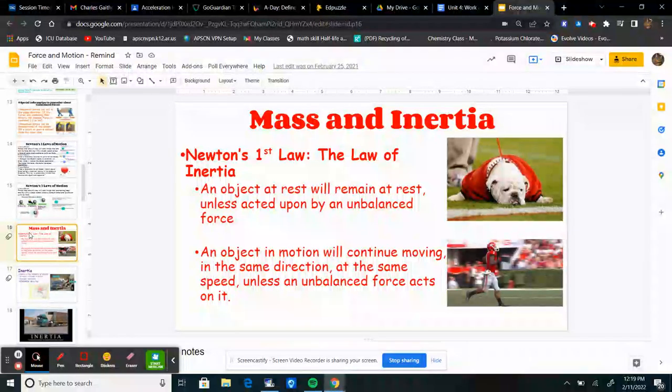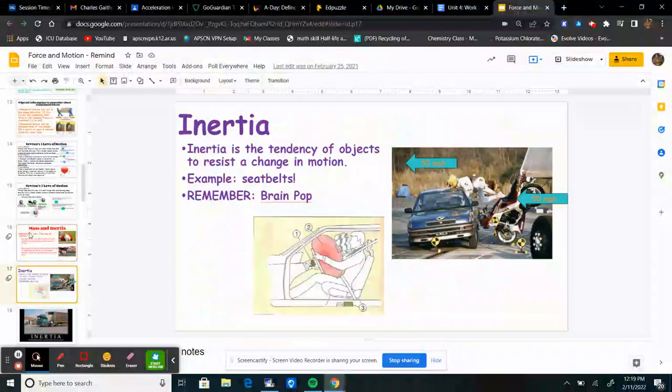That's in relation to inertia. That's telling you that the faster they're moving, the more mass that's behind it, the more inertia it will produce. Inertia itself, we defined as the tendency of an object to resist the change in motion.